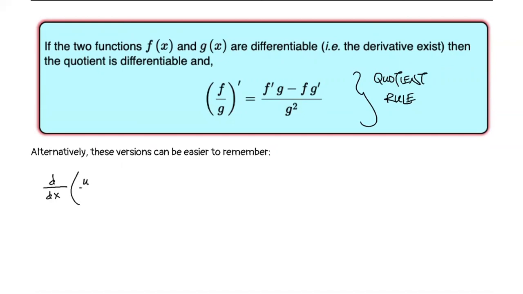So if I were to use the derivative of u over v, can someone tell me what my denominator would be here? So let's use the rule that we're given and use it with some different letters and see what we can generalize. What would our denominator be here? Squared.